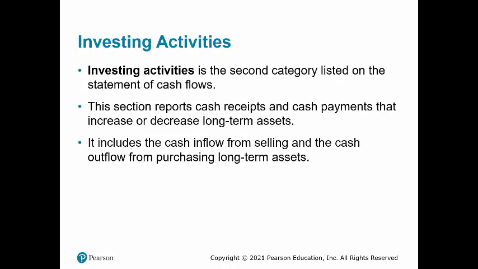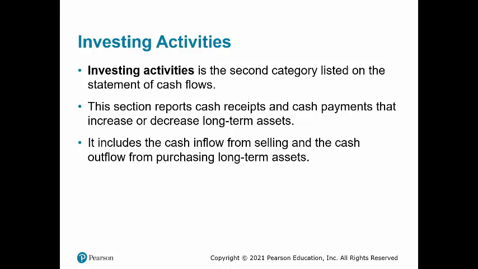The second section of the Statement of Cash Flows is called the investing activities. This section is going to report on cash receipts and cash payments that increase or decrease the long-term assets, such as property, plant, and equipment, notes receivable, or investments, if the company has any.